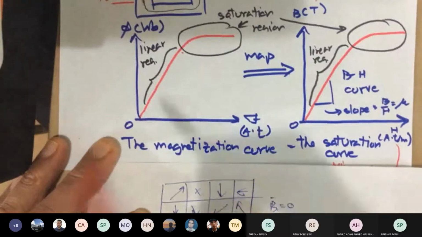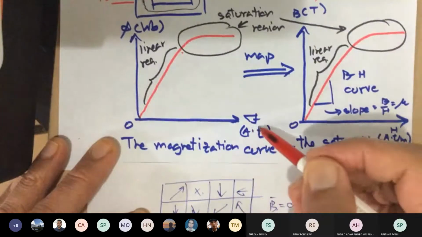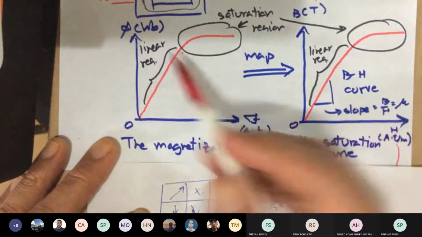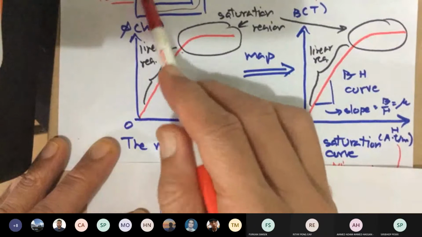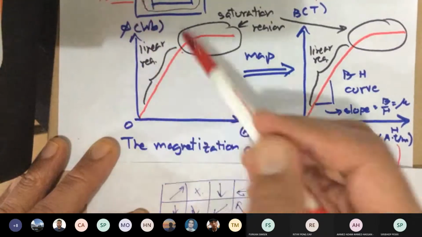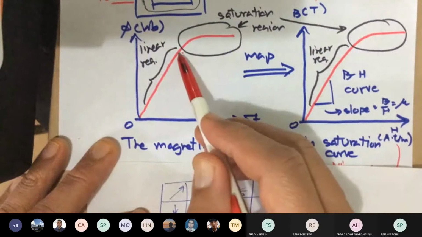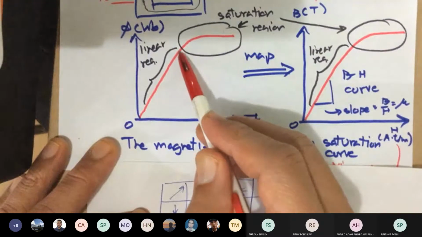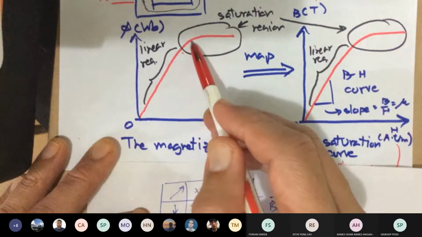Then when you increase more current, remember the number of turns cannot be changed. You will only change the variable current that we injected into the coil. You inject higher current now, and your phi starts to saturate. It doesn't go up as we wanted. It starts to flatten out.